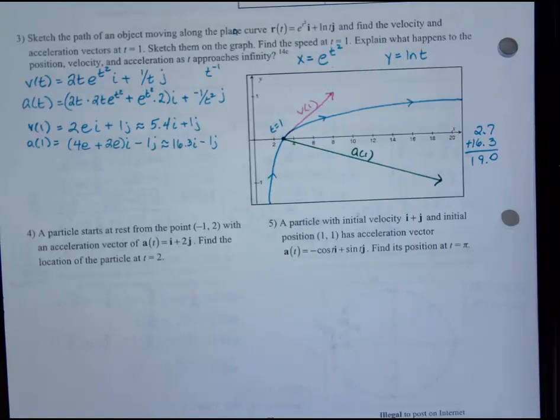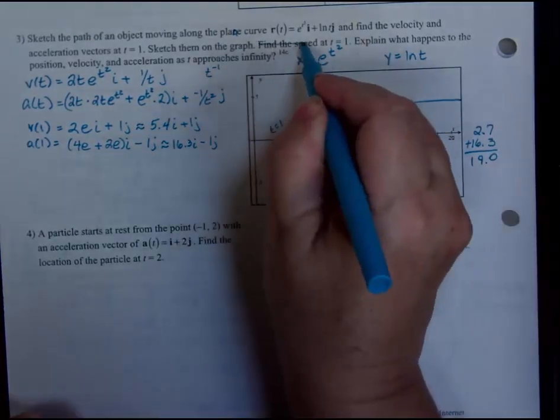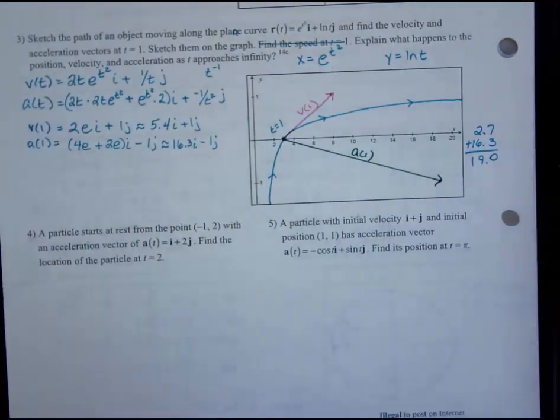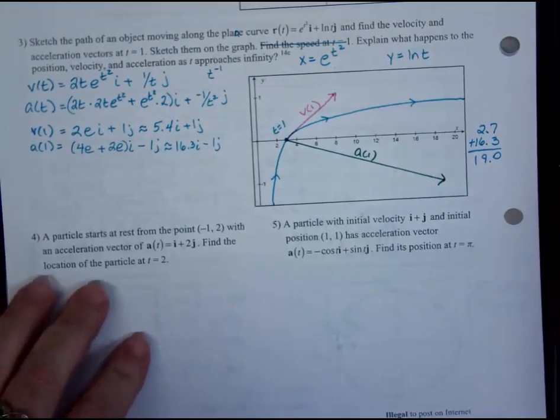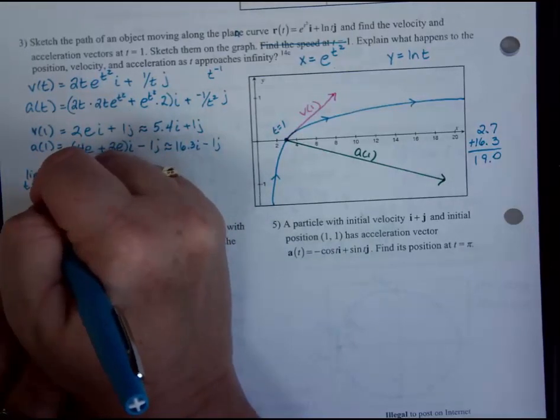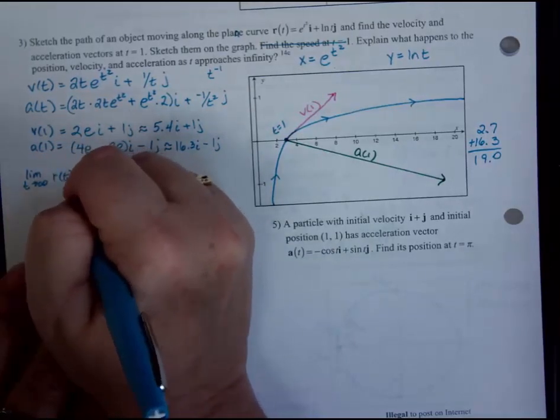It says to find the speed, but we're going to skip that part for now. But I do want to look at what happens to the position, the velocity, and acceleration as t approaches infinity. Okay, so the limit as t approaches infinity of r of t.